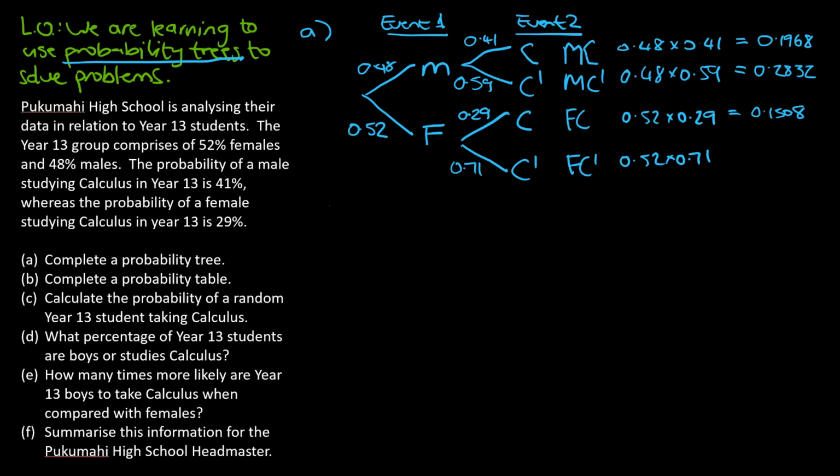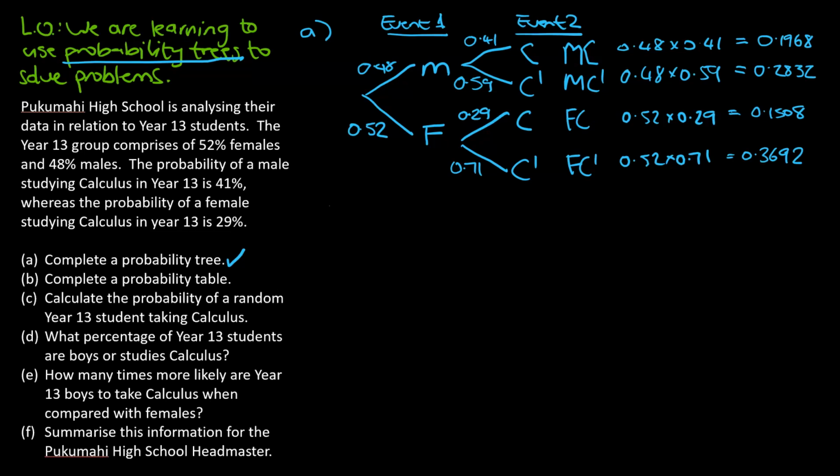And finally, 0.52 times 0.71 gets us to 0.3692. And that concludes our first one, complete the probability tree.